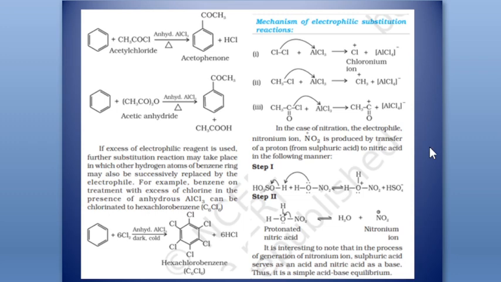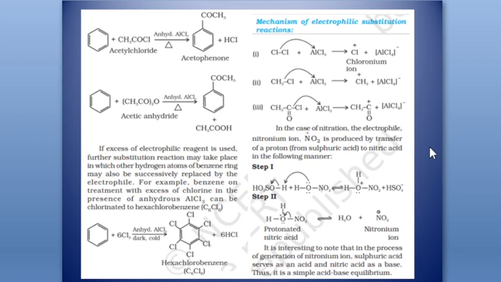The acetyl chloride in anhydrous AlCl3 with heat will form acetophenone. If we take acetic anhydride with anhydrous AlCl3, it will form acetophenone as a product.